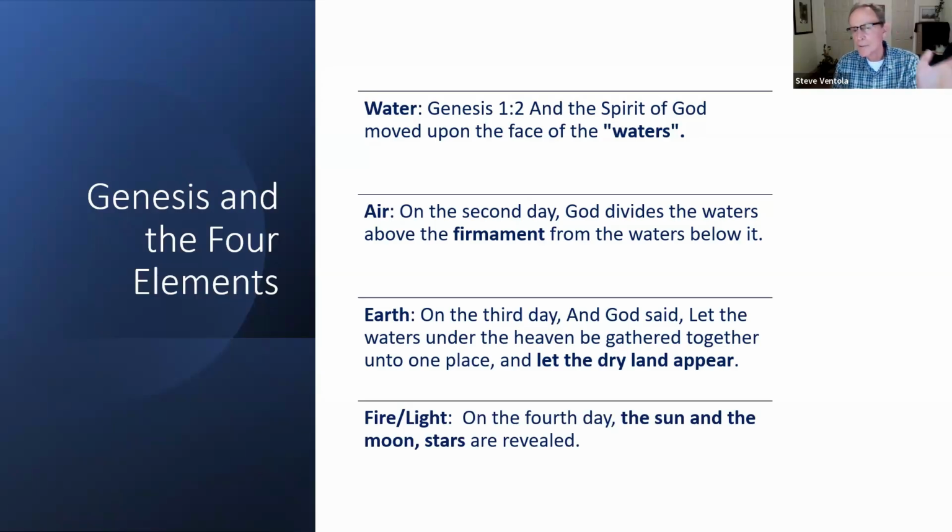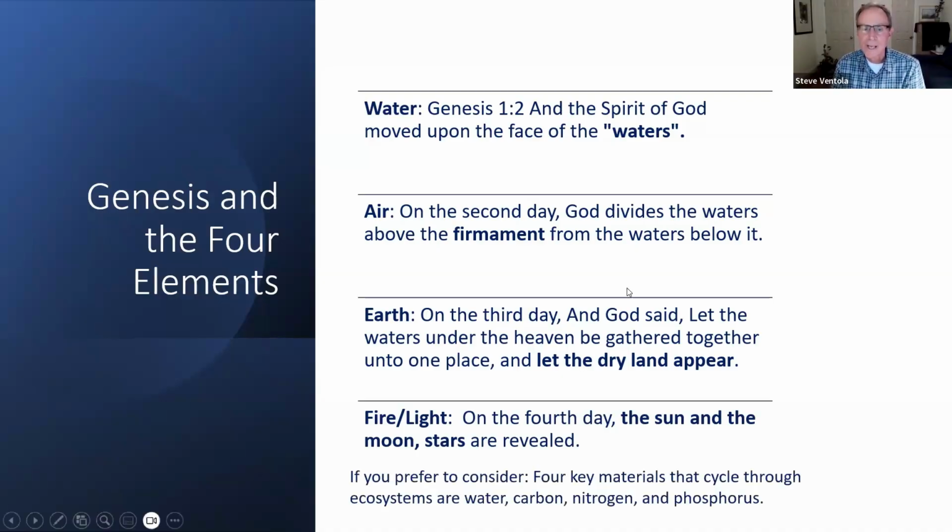So we see that. And if you're biblically inclined, you'll notice the fifth day relates to water again, and the sixth day relates to air. So there's a repeating cycle. Now, if you're not so much biblically inclined but more scientifically inclined, consider four key materials that cycle through ecosystems: water, carbon, nitrogen, and phosphorus.